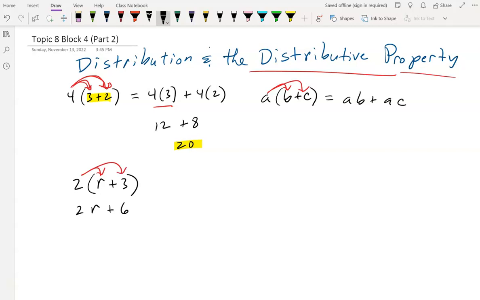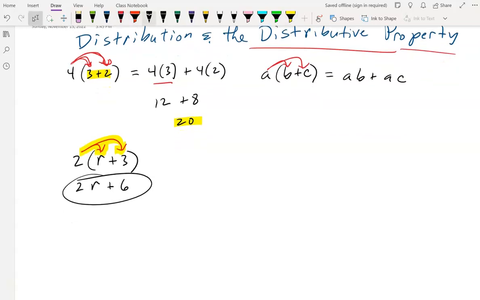So 2 times r plus 3 is 2r plus 6 because I distributed the 2 into the positive r and the positive 3. Okay, let's try another one, shall we?